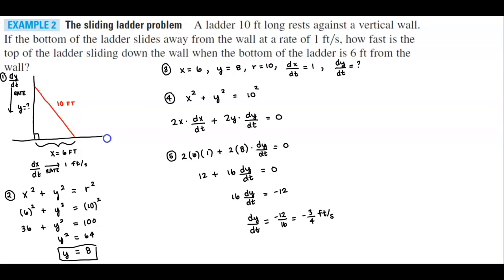It makes sense because the top of the ladder is going down, so it would be negative. So dy over dt, negative 3/4 feet per second, is how fast the top of the ladder is sliding down the wall when the bottom of the ladder is 6 feet from the wall.